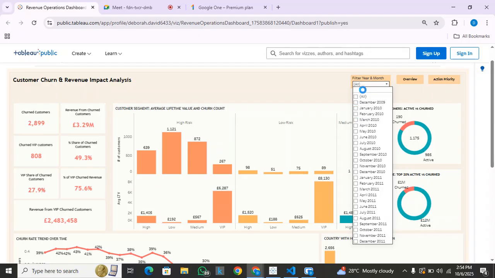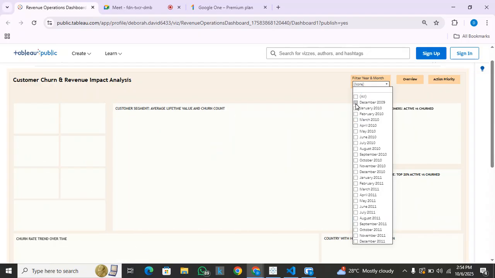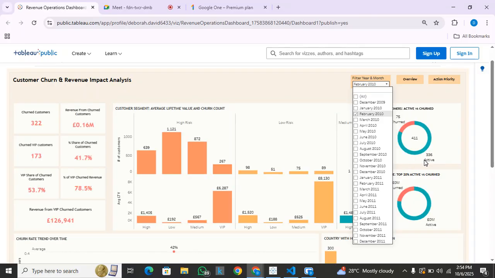You could either type in a particular month or you just click. If you want to see the churn analysis and the impact it had on revenue, you simply click on this, any month of your choice.